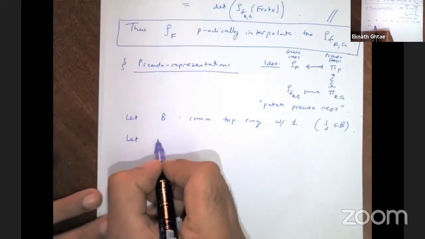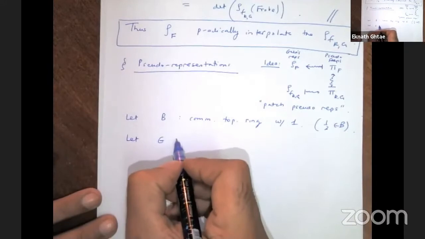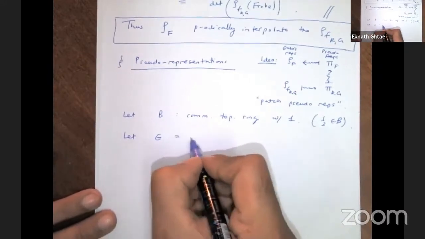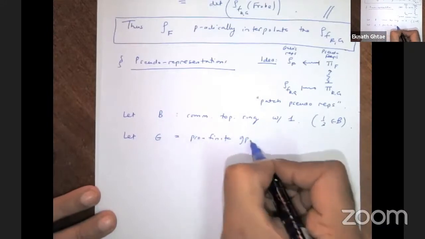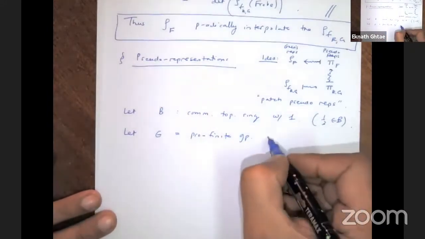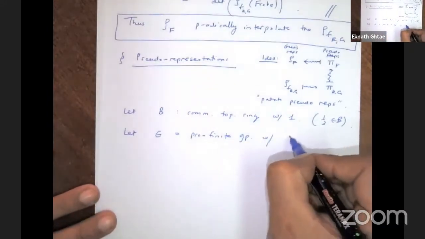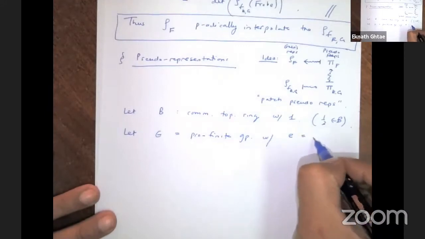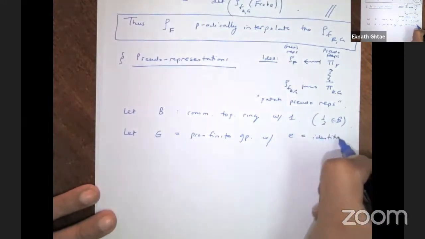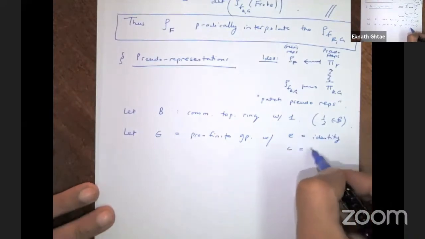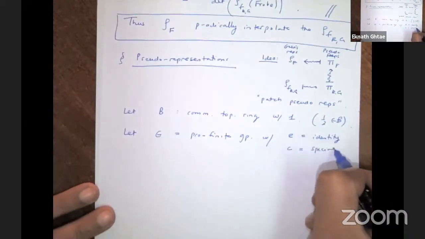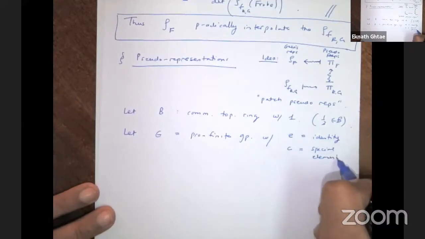I'm going to work with Galois groups, but since I'm working in general terms here, let G be a profinite group with E an identity element and C a special element of order 2. These will show up in the definitions.